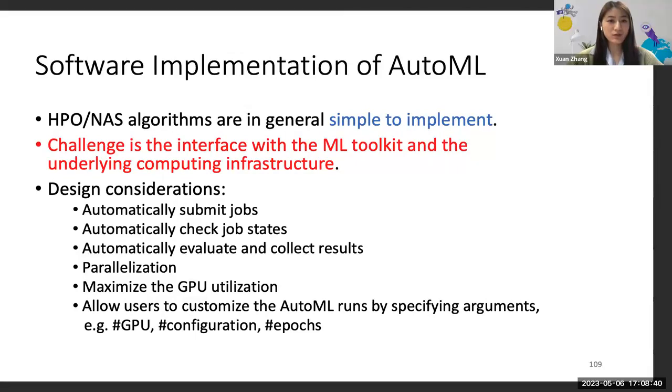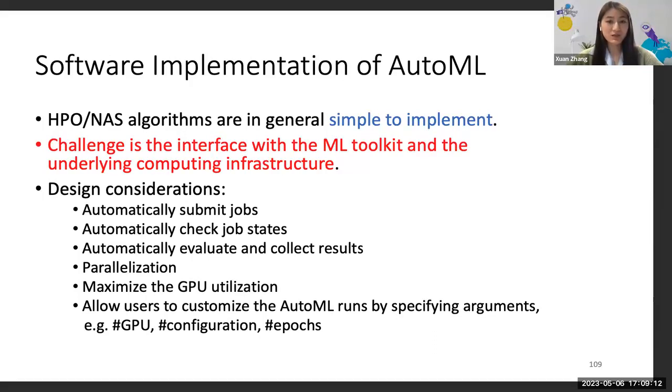HPO or NAS algorithms are generally straightforward to implement. The real challenge lies in interacting with AutoML algorithms and the underlying computing infrastructure. When designing AutoML software, one needs to consider their specific computing environments and how to automatically submit jobs, check job status, evaluate and collect results, parallelize tasks, and maximize GPU utilization.